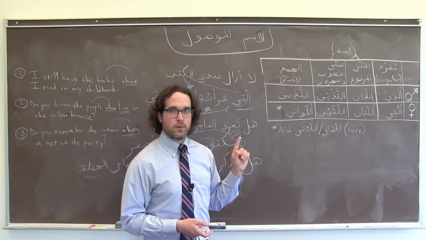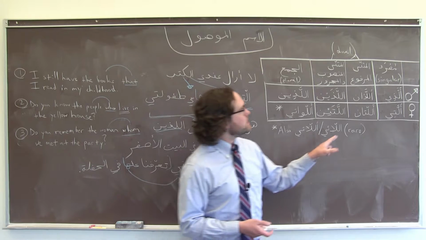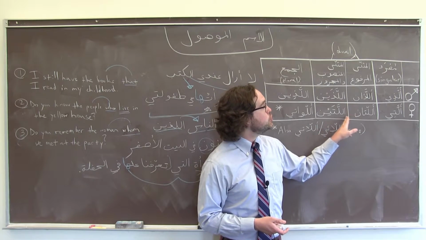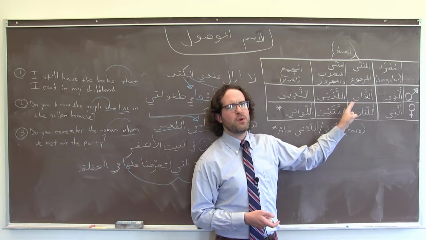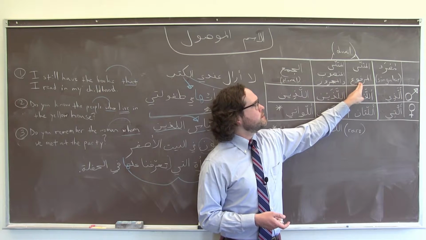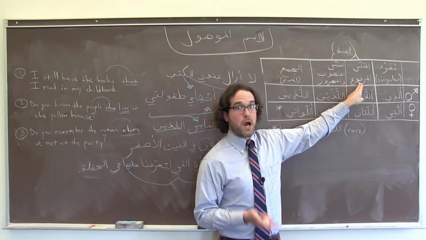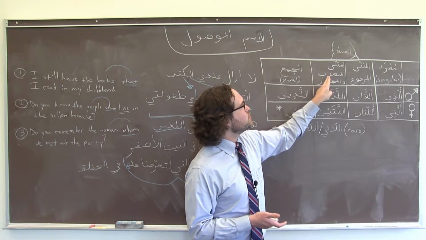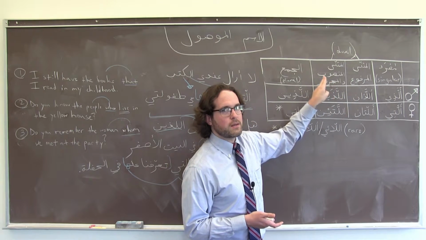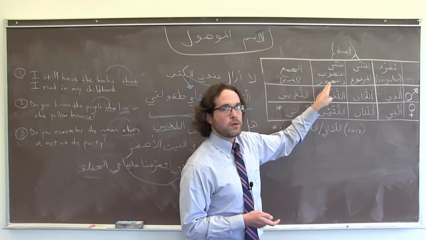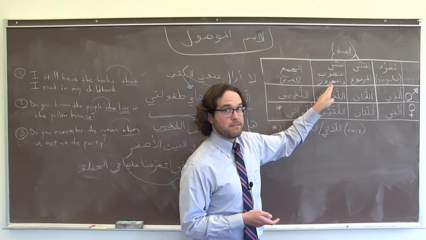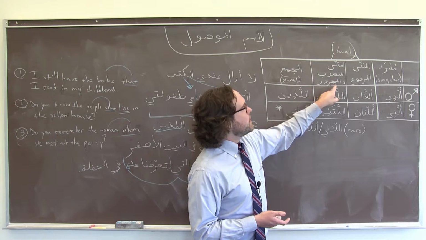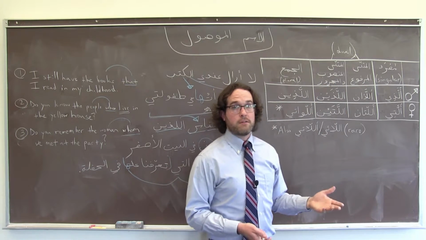The other wrinkle that we need to be aware of is that when we're talking about dual forms, we have one form for the marfu'a noun, the nominative case nouns, and another form for mansub and majroor nouns, accusative or genitive nouns that come after prepositions or in an idafa.